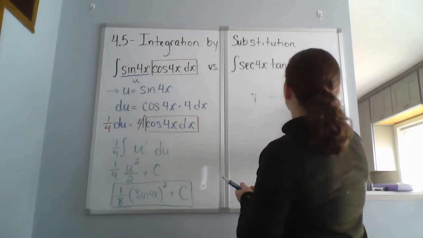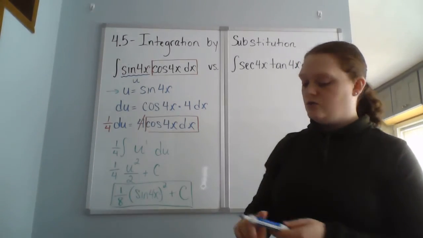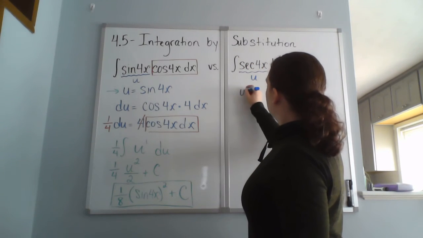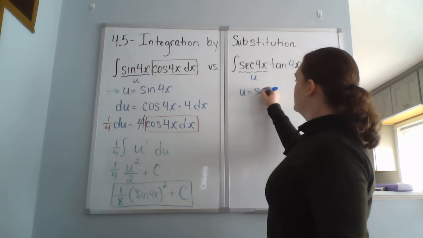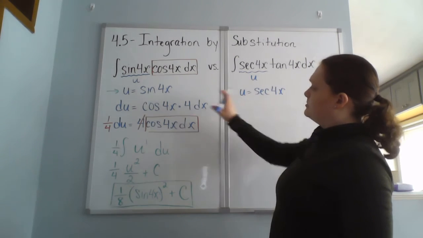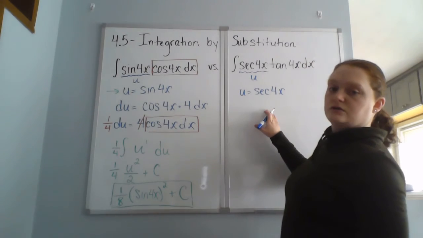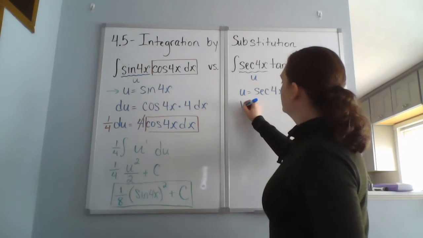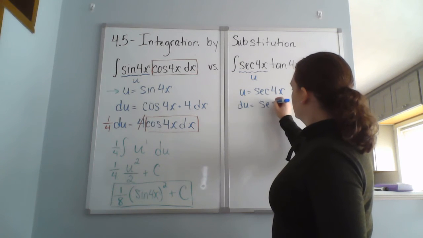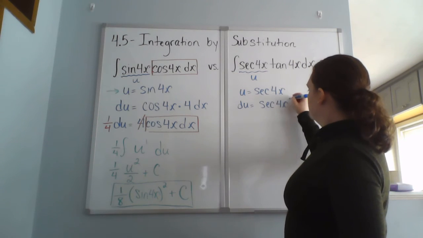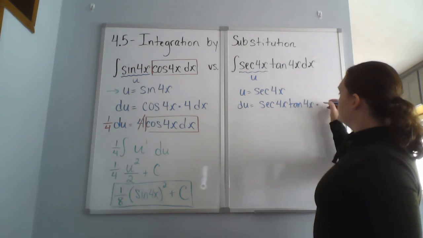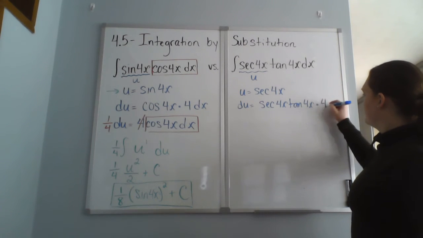All right. So if we go ahead and say u is equal to this right here. This is our u. U is equal to the secant of 4x. This is similar to, this was chain rule. This is also going to be a chain rule. The derivative will be the secant of the inside, the tangent of the same inside, times the derivative of the inside, which is the 4.